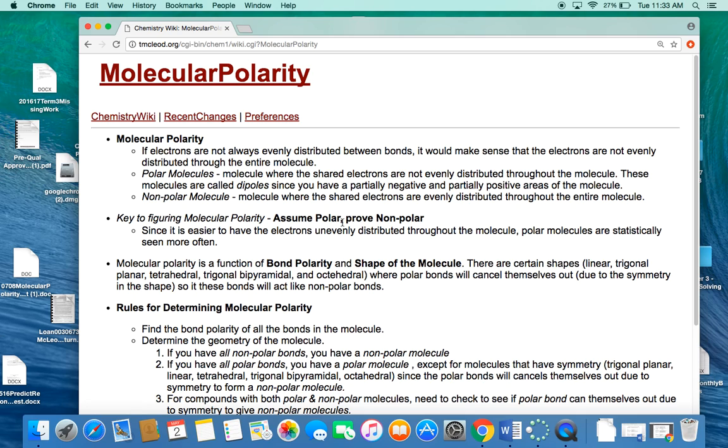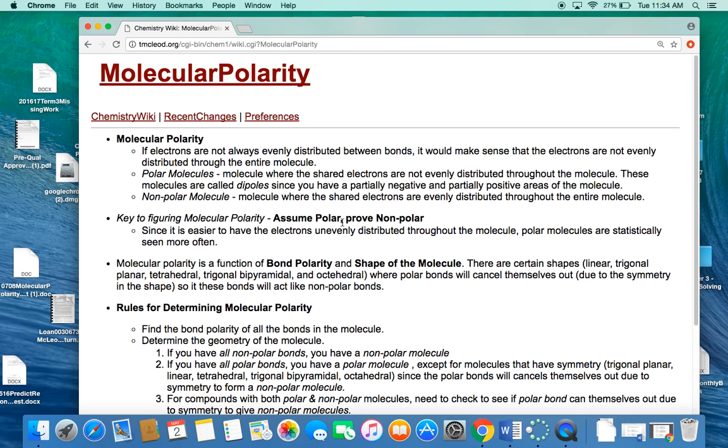By now you know that you have bond polarity, which is the distribution of electrons between two atoms, and molecular geometry. You're going to use both of those.